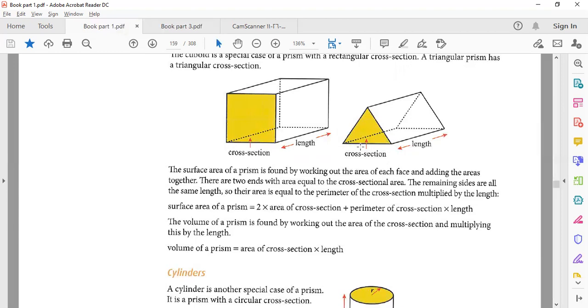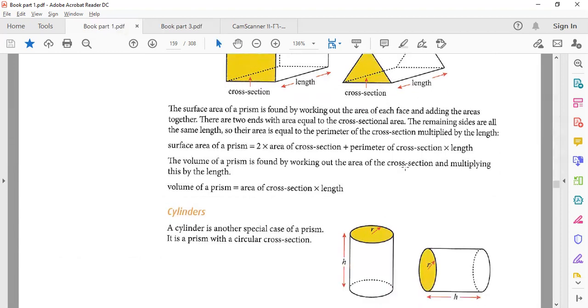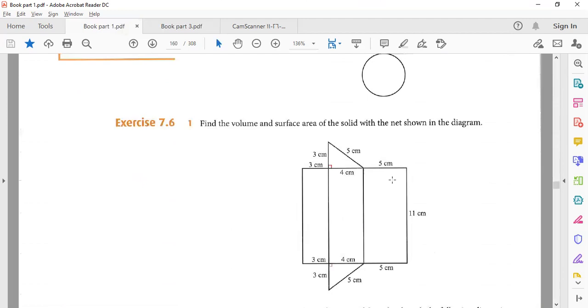How will we do it? 1 divided by 2, multiplied by base, multiplied by width, multiplied by height. So you just multiply here to get this one because it's a triangular prism.